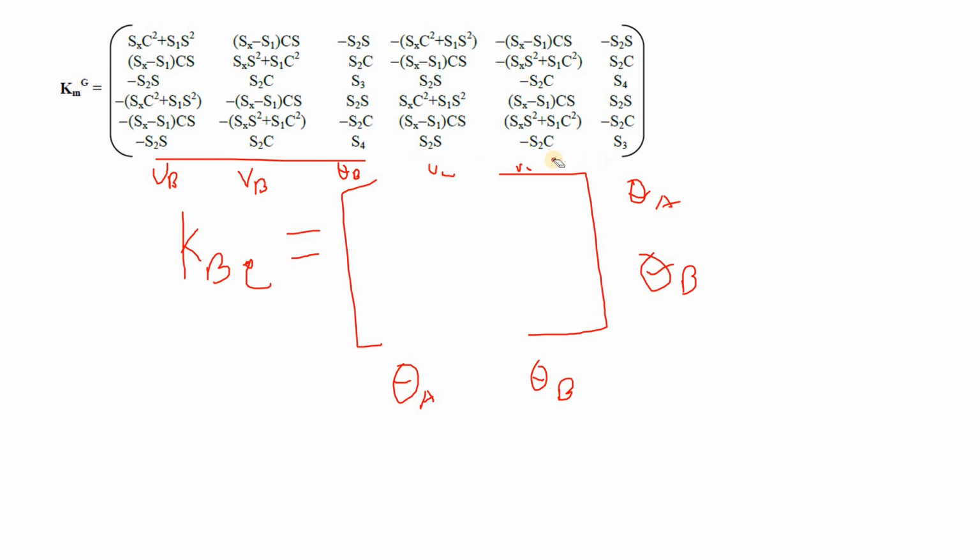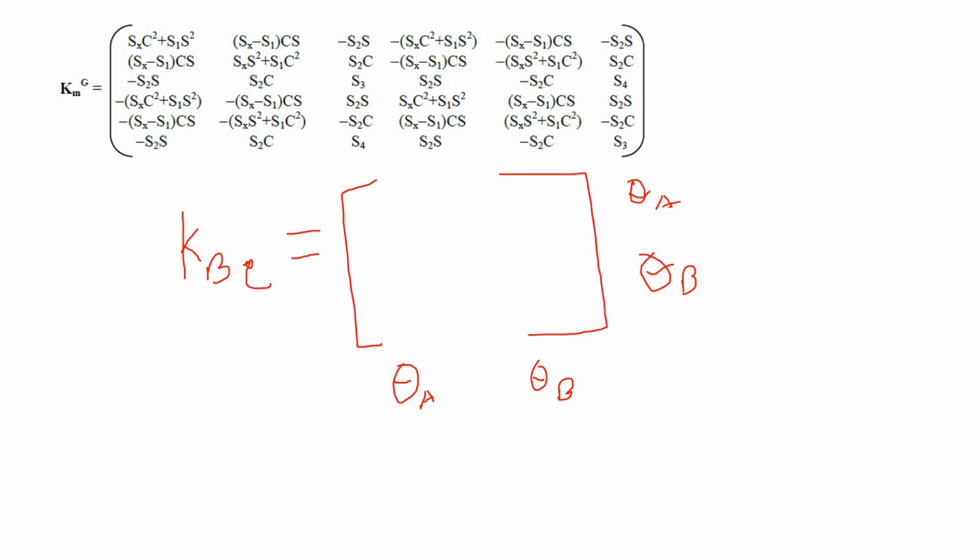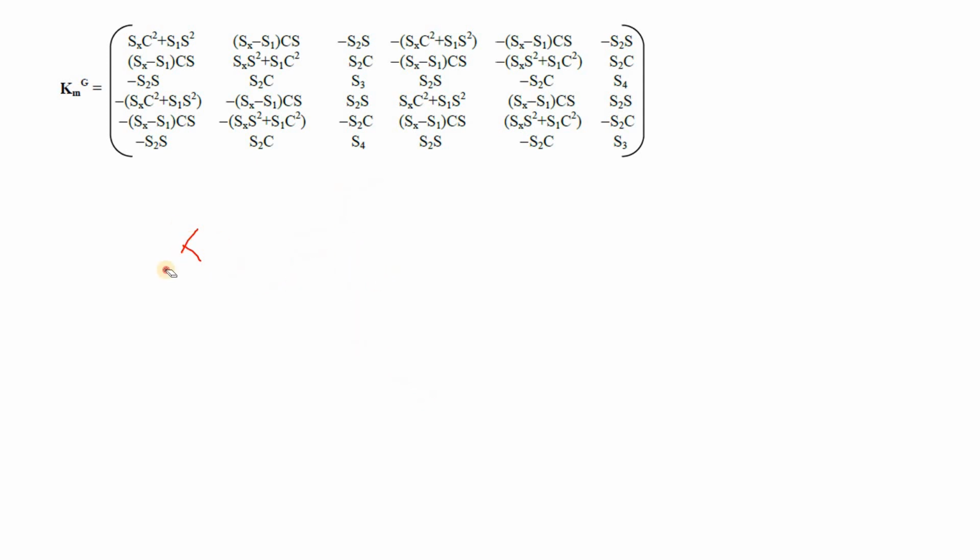Let me just remove these axis writings. Okay. Let me remove this as well. Okay. So there is no A point, so there is going to be no theta A here.